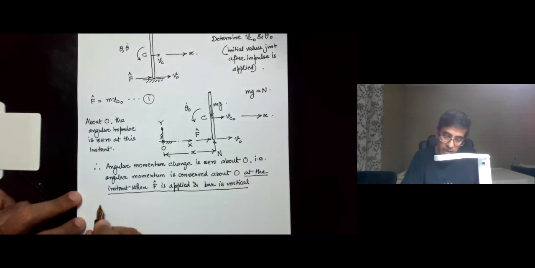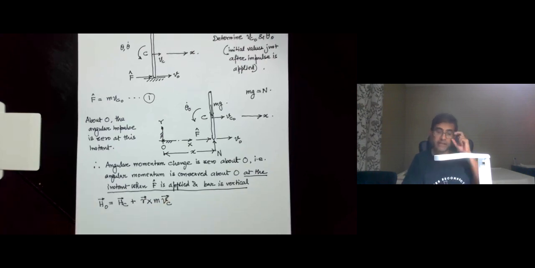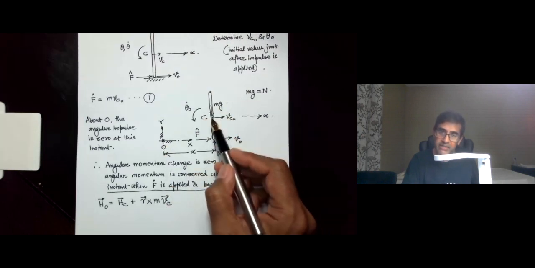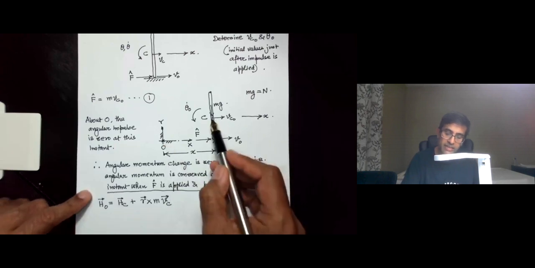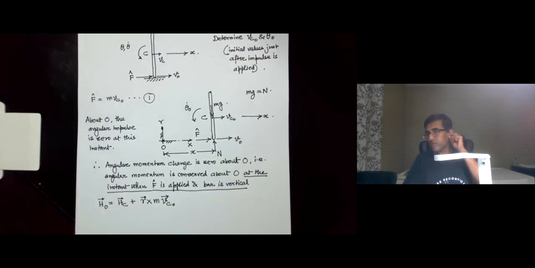The angular momentum H about O is going to be H about C plus R cross M V C. This is saying that the angular momentum about this point O is equal to the angular momentum of the bar about its center of mass plus R cross M V C. In this case it is going to be M V C O, because we are interested in the value of the angular momentum at the instant when the impulse is applied.